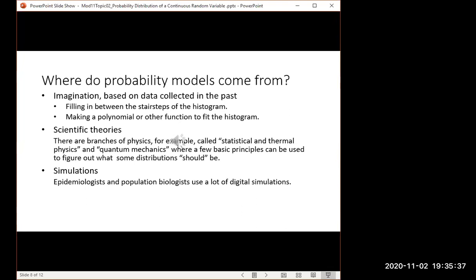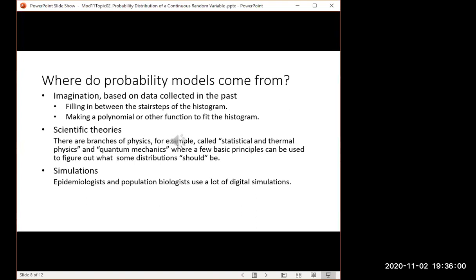Another would be scientific theories. They're parts of physics, statistical and thermal physics, or quantum mechanics, where they have some basic principles that seem to be true about nature in general, and then they can use those principles to figure out what some distributions should be.